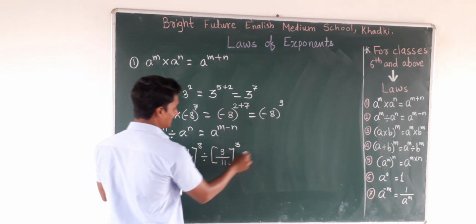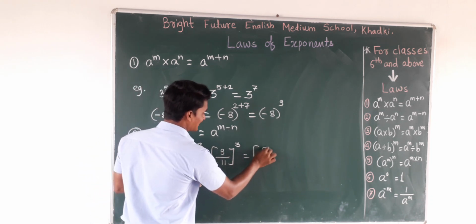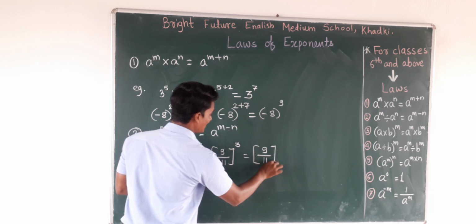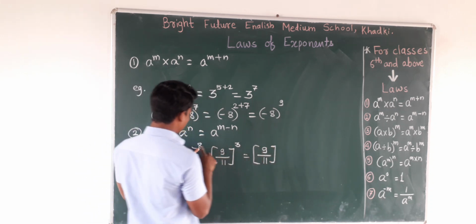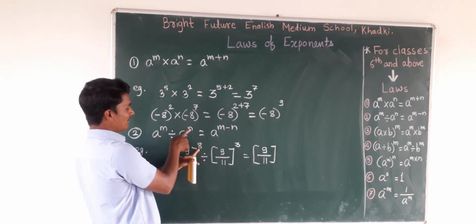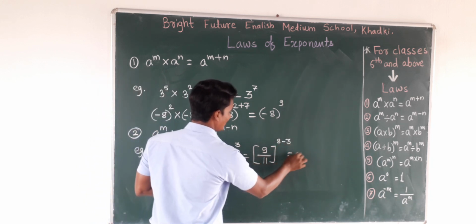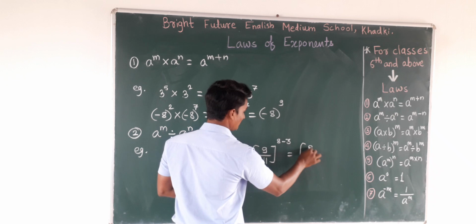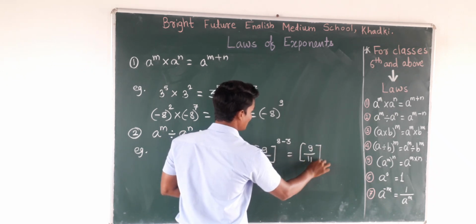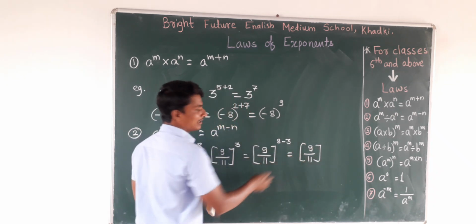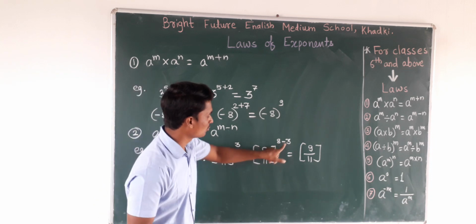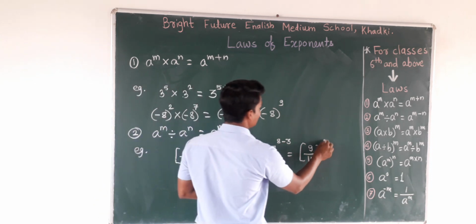We directly write the base as it is, 9 upon 11, and subtract the power, first number's power minus second number's power, that means 8 minus 3. So the answer is 9 upon 11 raised to 8 minus 3, so the answer is 5.